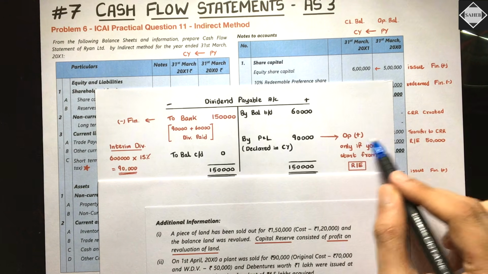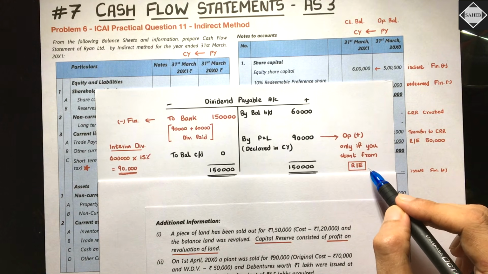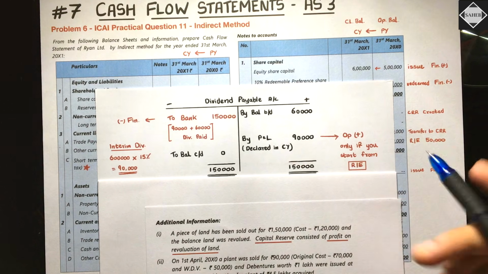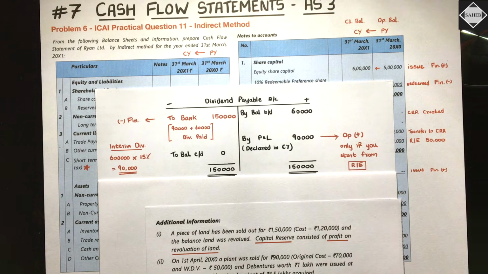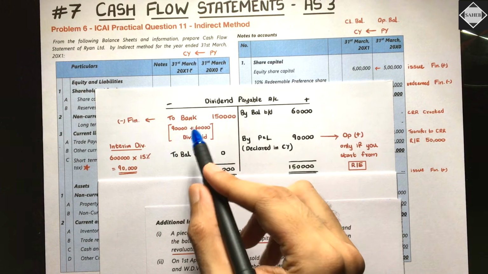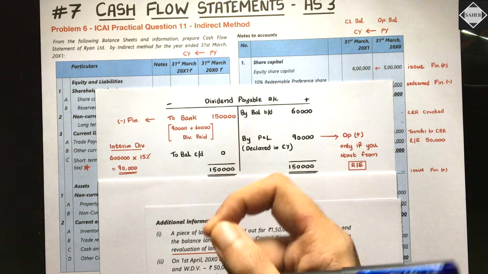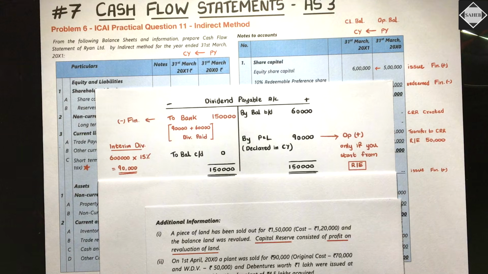In operating, you have to add it, only if you start from retained earnings. Remember that, not always. If you start from net profit before tax or net profit after tax, you will not reverse. Only when you start from retained earnings, because it's an appropriation item. And this 1,50,000 will be subtracted in financing activity because this is an actual cash outflow.